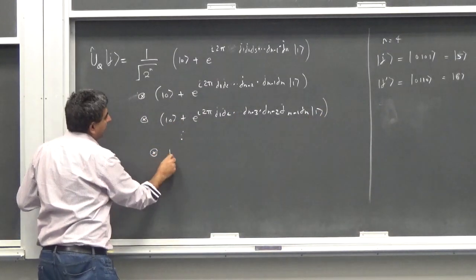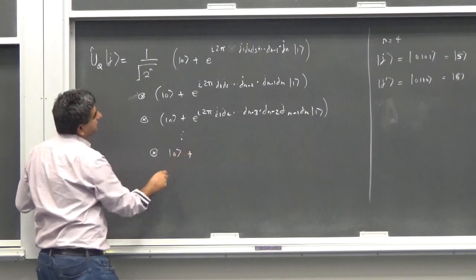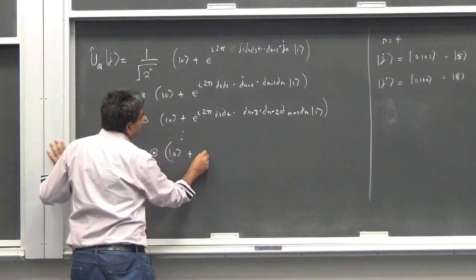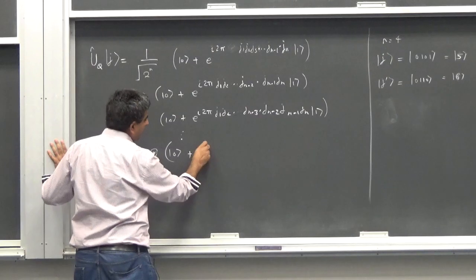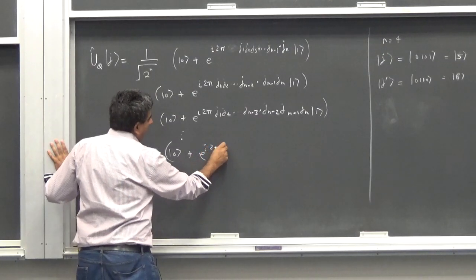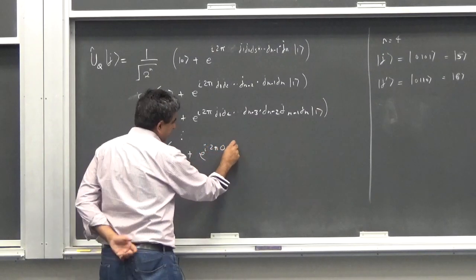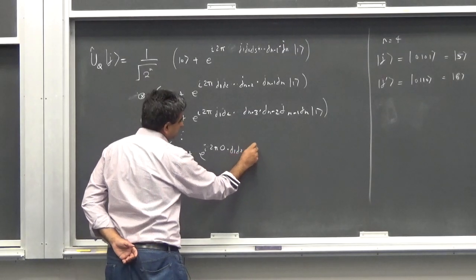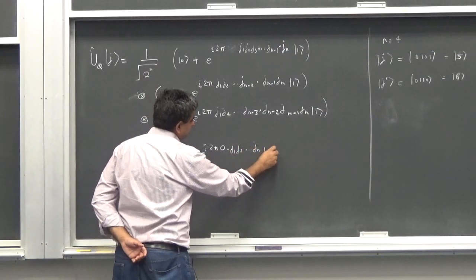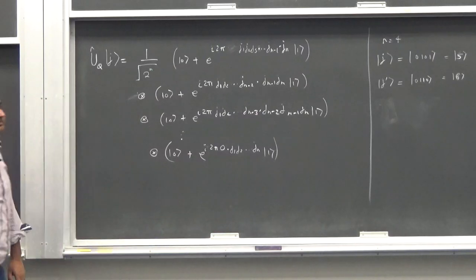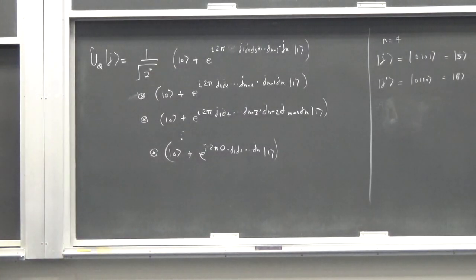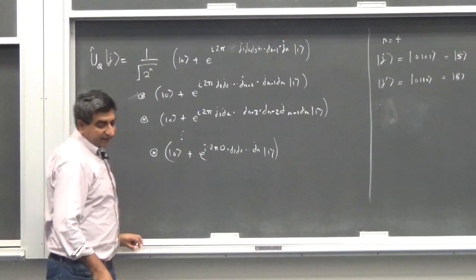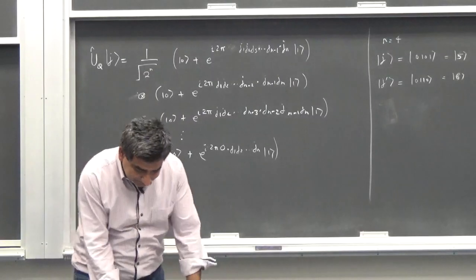Finally, we'll have e^(i 2 pi) 0 dot j1 j2. Now there is another simplification that can be done.